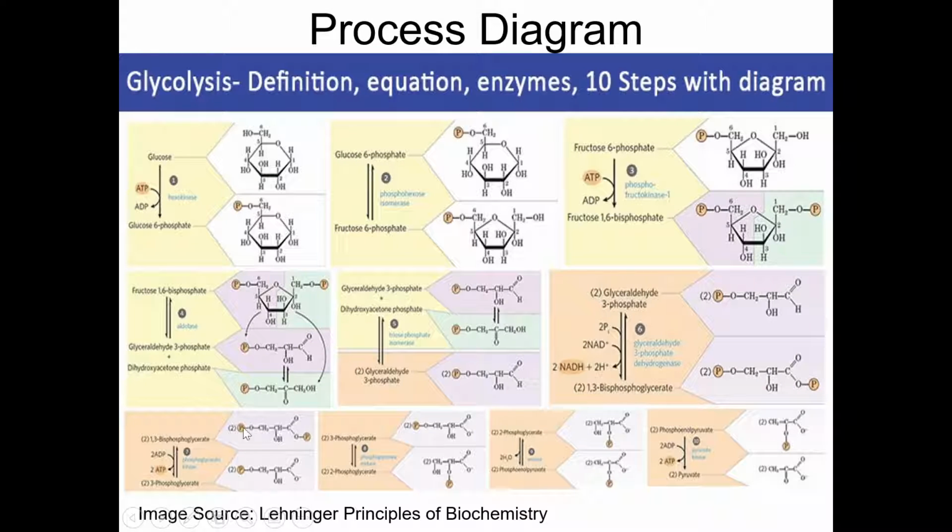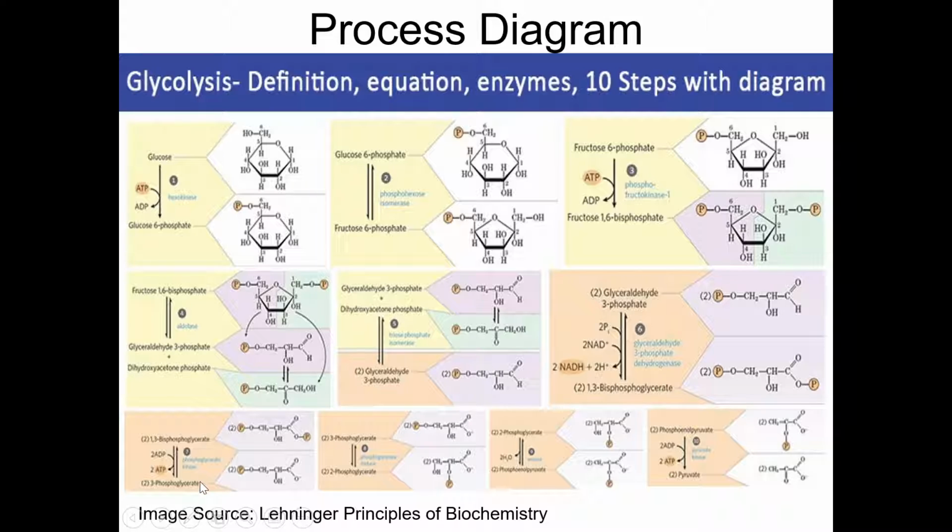Okay, then we move into step 7, where the 1,3 bisphosphoglycerate donates one of its phosphate groups to ADP, making a molecule of ATP and turning it into 3-phosphoglycerate.